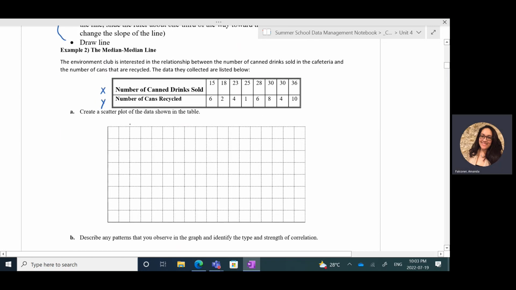Part A says to draw the scatter plot. So I'm going to say canned drinks versus cans recycled for my title. Okay, on my Y, I'm putting number of cans recycled.